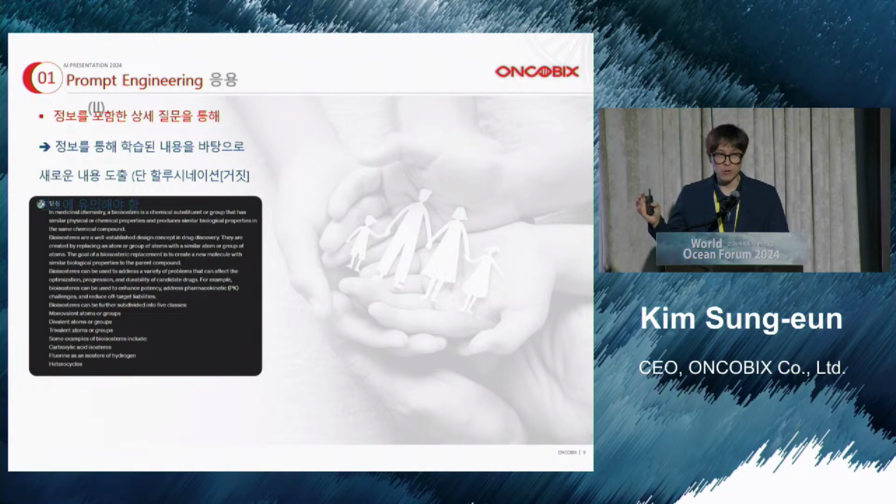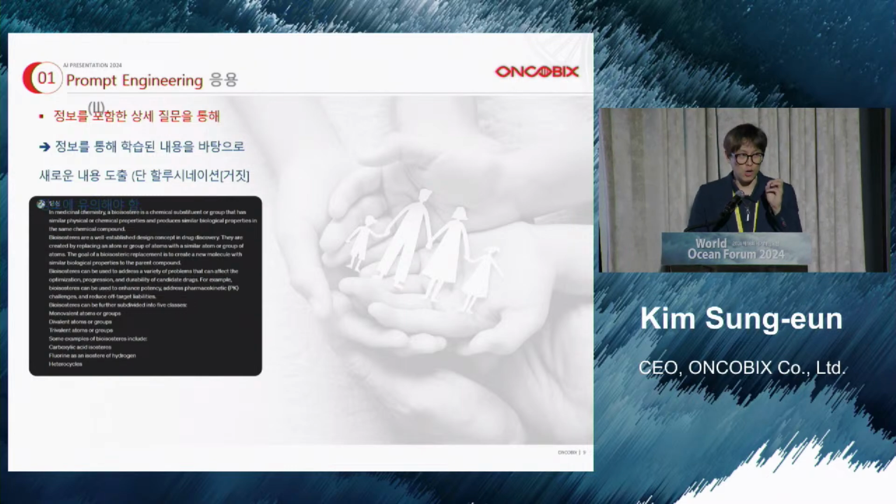And the biggest caution should be paid to this part. Regardless of the question, they are supposed to give answers. So they never say, I don't know. ChatGPT gives any kind of answer, even if it is false information. That is why all of the information from ChatGPT should go through validation.